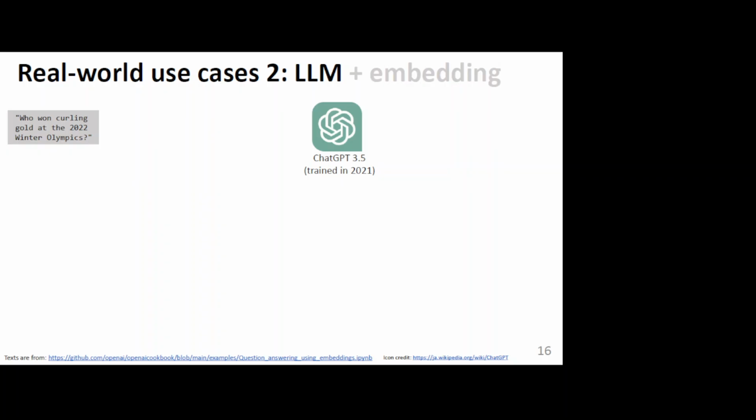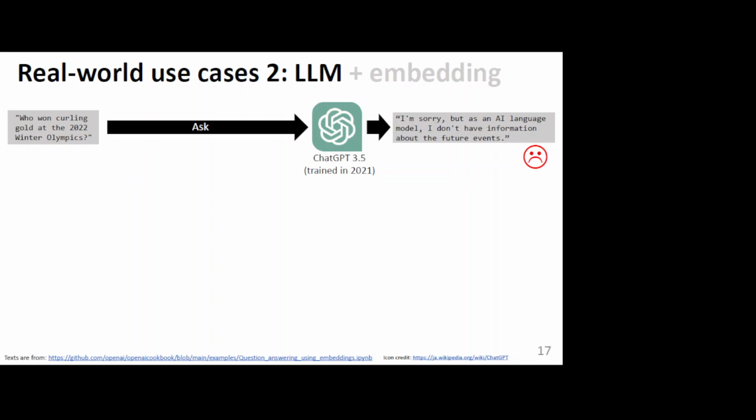But he asked this question to ChatGPT, which was trained in 2021. Basically, ChatGPT doesn't have knowledge before 2021, but the user asked about 2022. What will happen? ChatGPT says, "I'm sorry, I don't have the knowledge for future events."